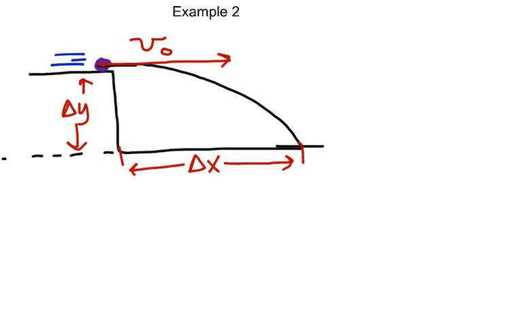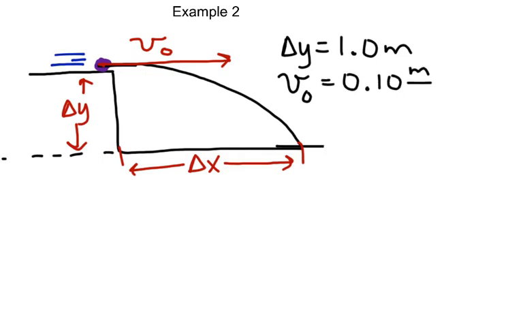Let's plug in some values here. We're going to call delta y equal to 1.0 meters. We're going to call my initial velocity 0.10 meters per second. Notice that this is the same thing as my initial horizontal velocity, which is the same thing as my horizontal velocity because it's the same everywhere.